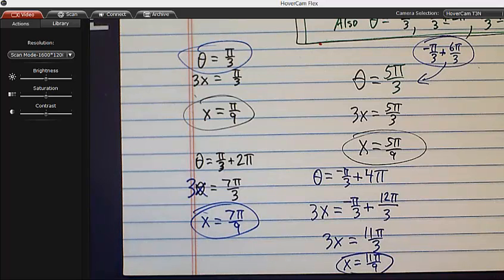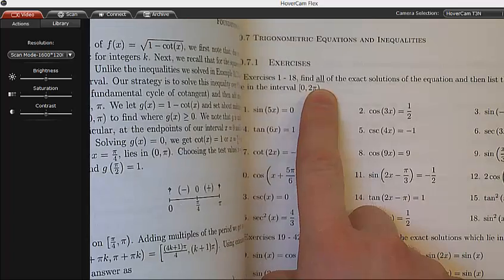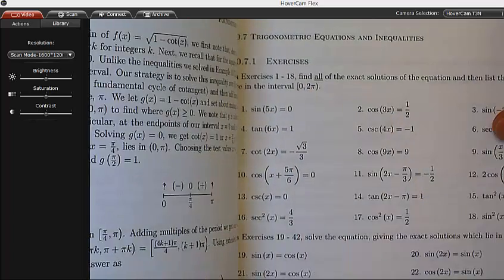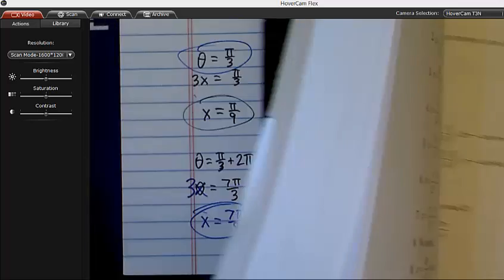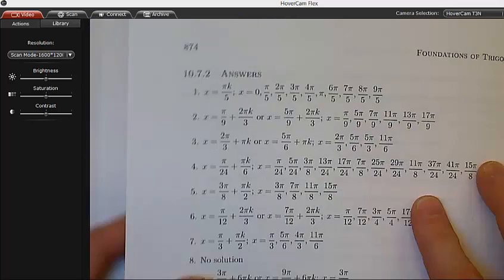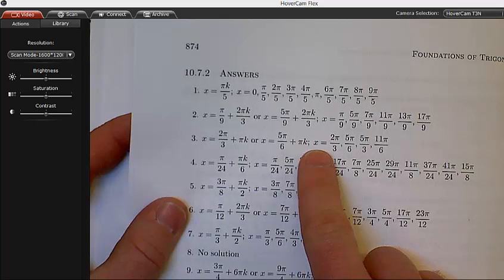Okay? And to do this homework, what does he say? He says find all of them. Find all of the exact solutions. All right. Take a look at their answer. Okay. Well, yeah, there's a lot of them, right? Let's see.